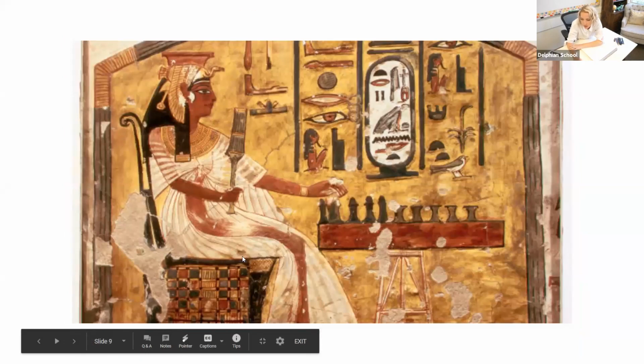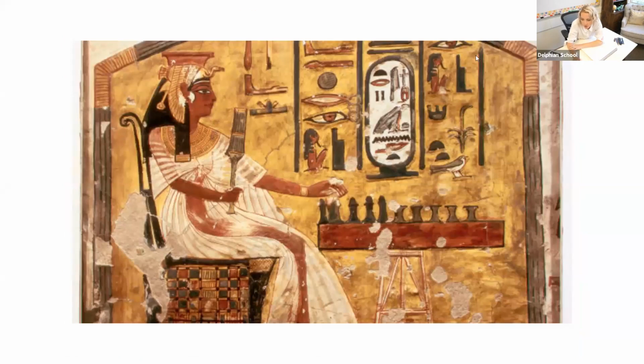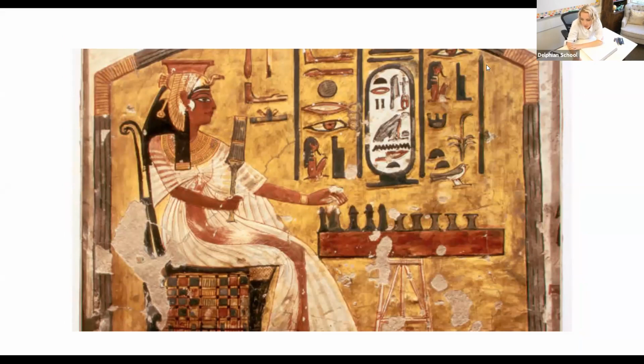And here is a picture from inside of a tomb of a Pharaoh queen. And we know she is a Pharaoh queen because her name is actually written inside of what's called a cartouche. Remember, I told you that oval shape was important.